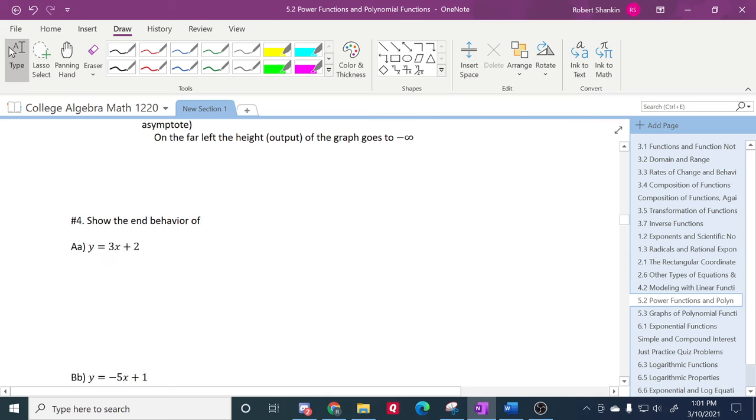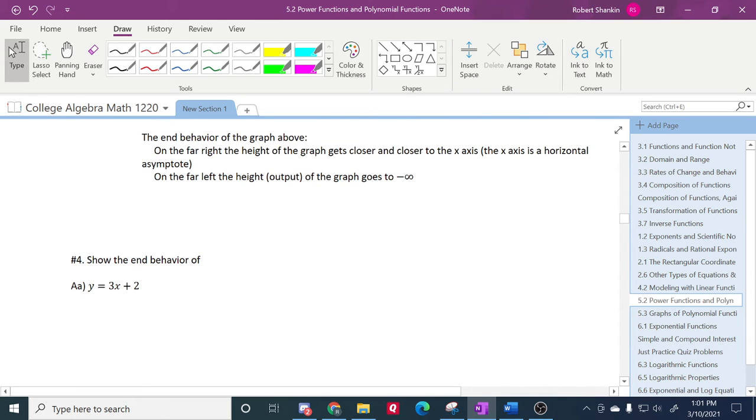All right. And we're going to show the end behavior of a few different graphs. The first one, y equals 3x plus 2. To show the end behavior of this, on the far right, what's happening?